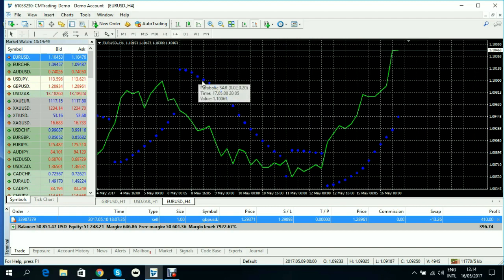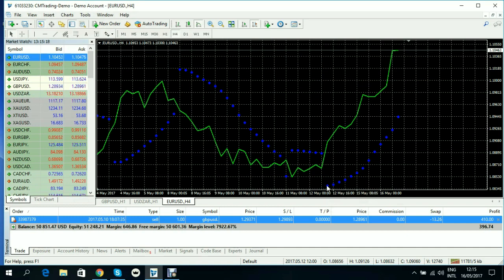If you want to enter, say, somewhere here, then it's important that you check with other indicators before confirming if the trend will continue or not. Then for a buy, once the dot appears below the trend, then you enter.